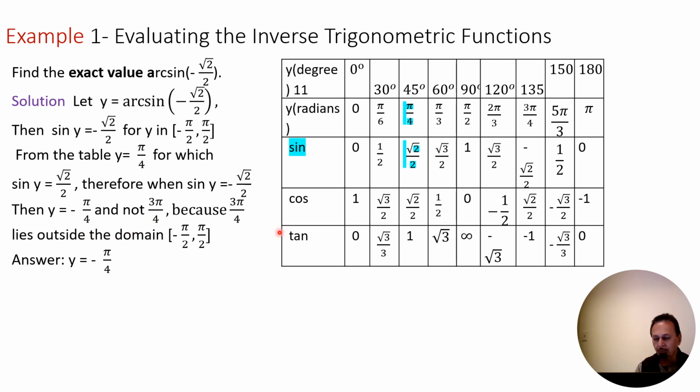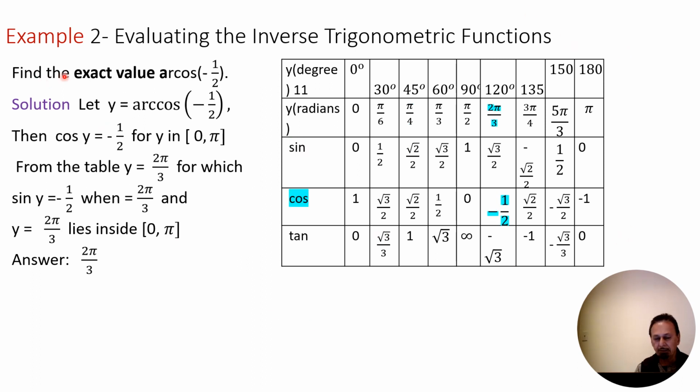Not 3π/4, which is here, because 3π/4 is outside this interval, so it's not in this range. Therefore, in this case, the answer would be -π/4 and not 3π/4.